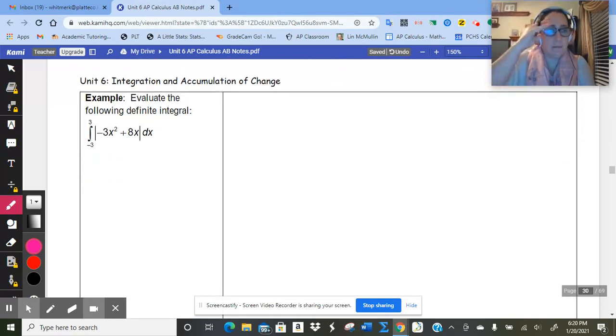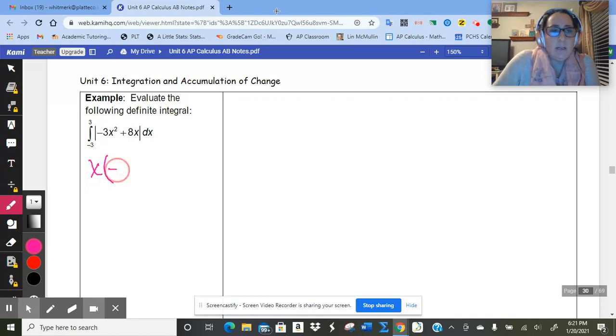So let's look at this next one. It's a little bit trickier. So let's do the graph of this right here. Okay. So I'm going to go ahead and factor. I'm going to take an x out, and I have negative 3x plus 8. So I know I have my zeros at 0 and at 8/3.